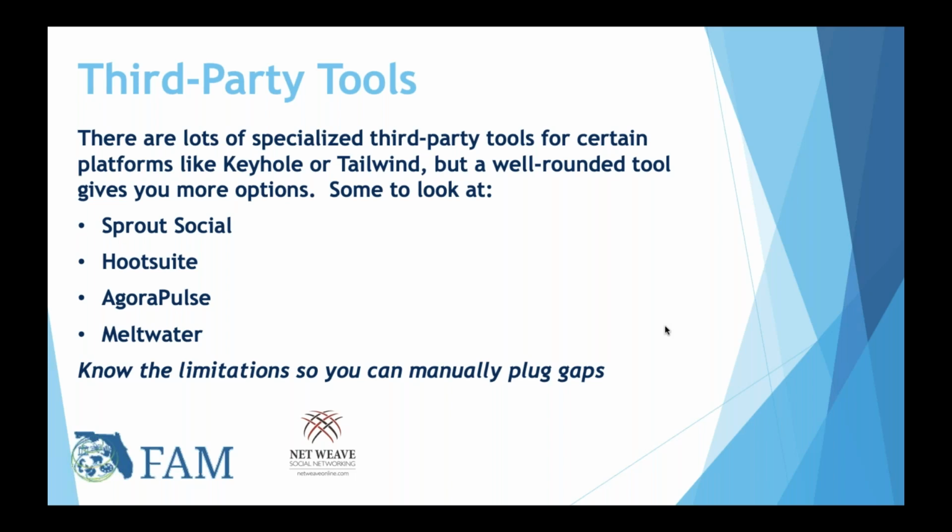All of these tools have great reporting. Some are better than others. The thing I like most about Sprout is that you can create tags within Sprout, not hashtags, but just tags that you can label content with and then run a report on just that content. So for example, Sun and Fun.